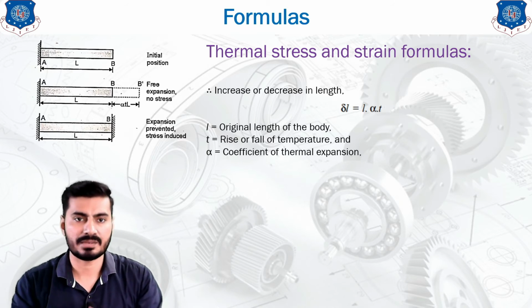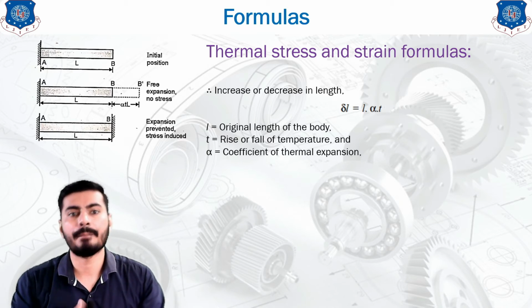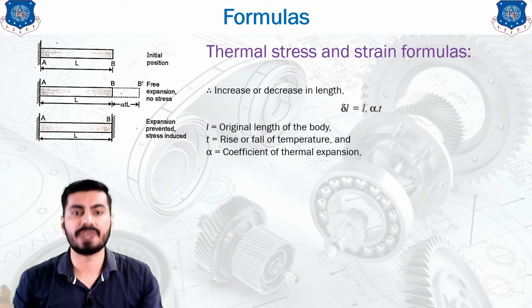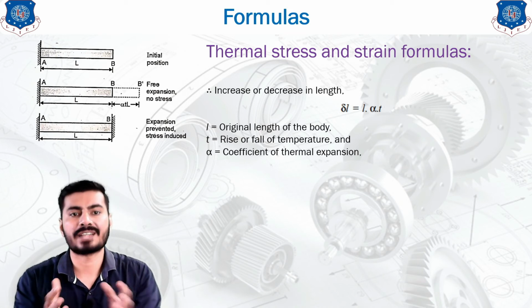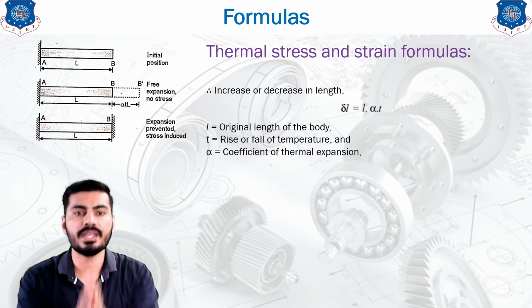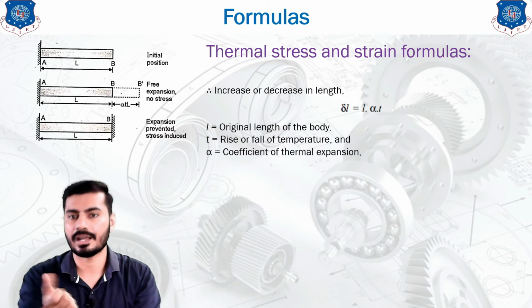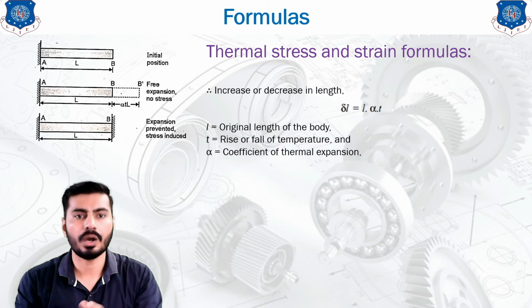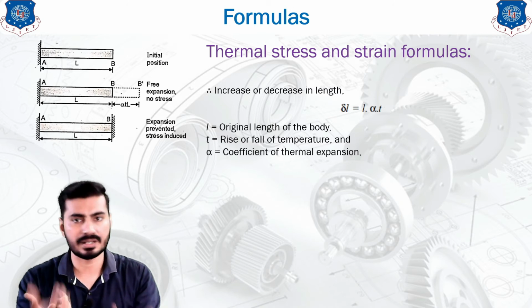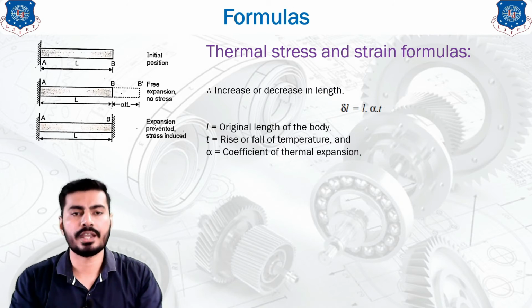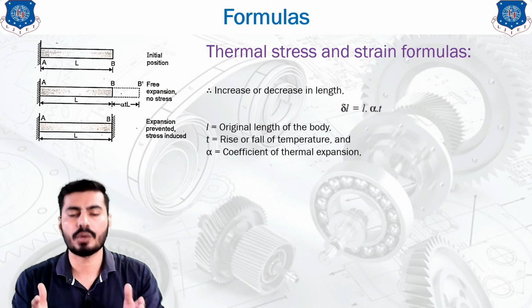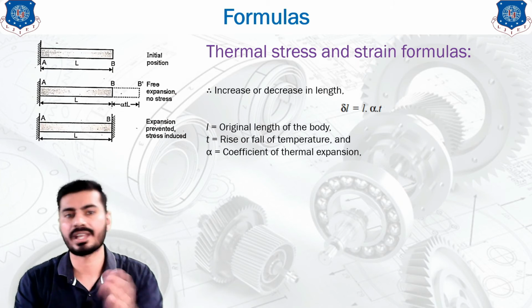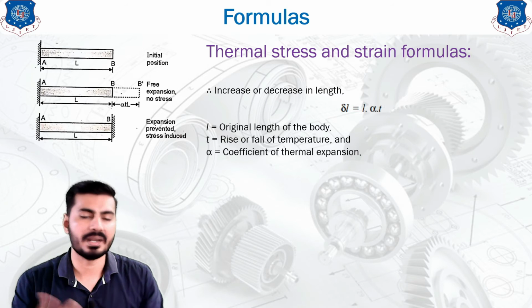So the temperature variation is applied. Now that member will try to expand freely. The free expansion should be calculated using the equation of delta L, that is L alpha delta T, where T is nothing but delta T.